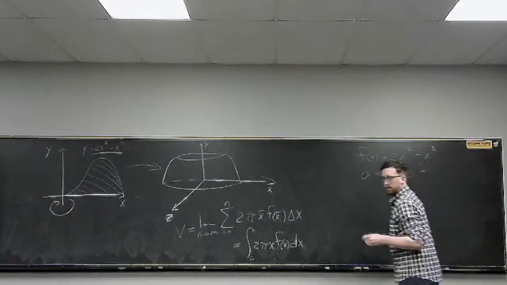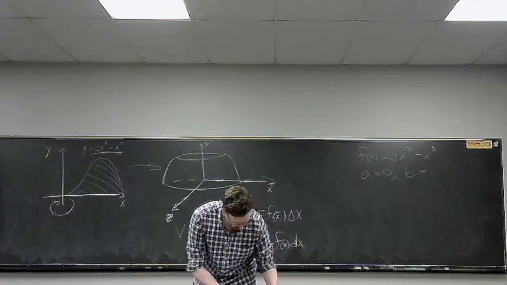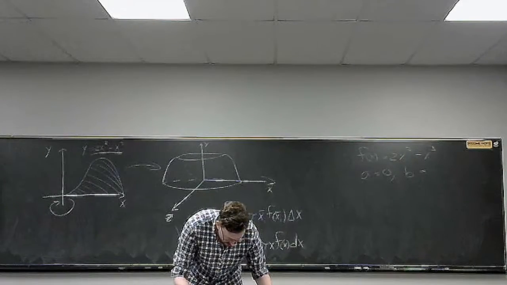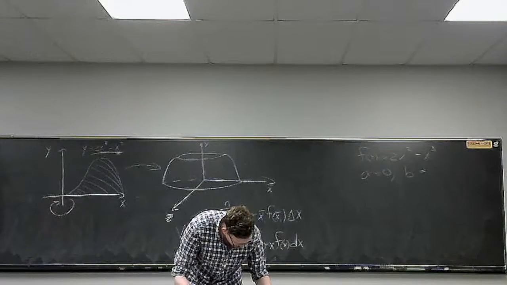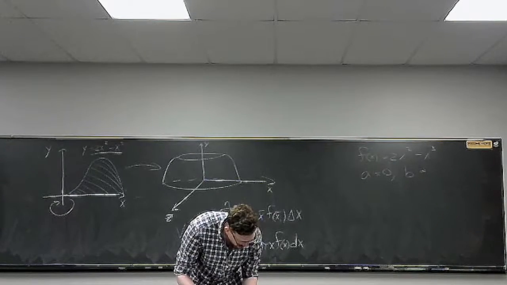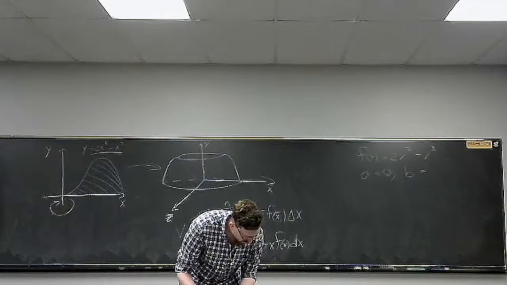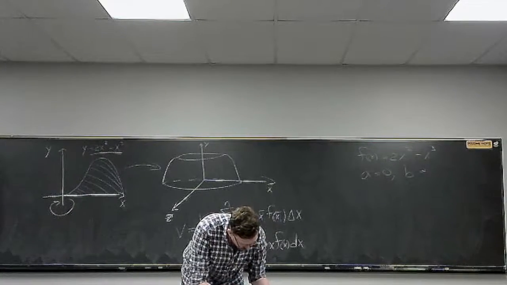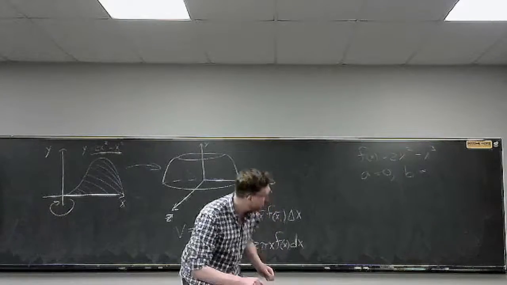I'm going to look at the textbook really quick. What is b? Does the textbook tell us what b is? It does not. Oh, there it is. It is 2.